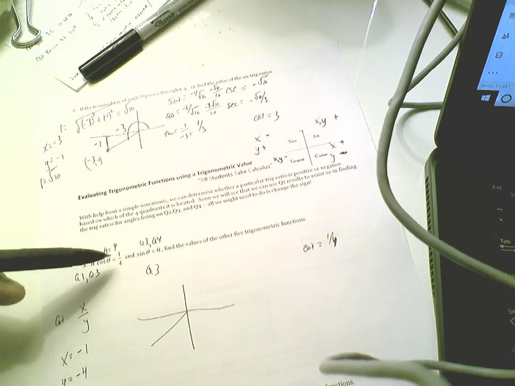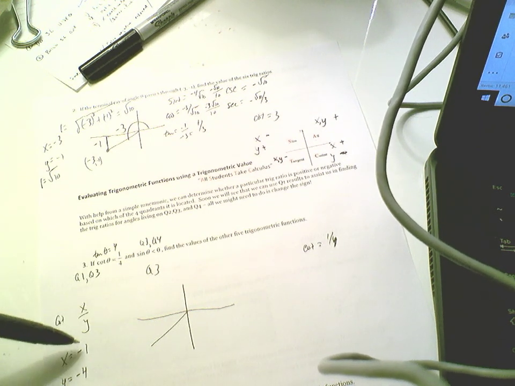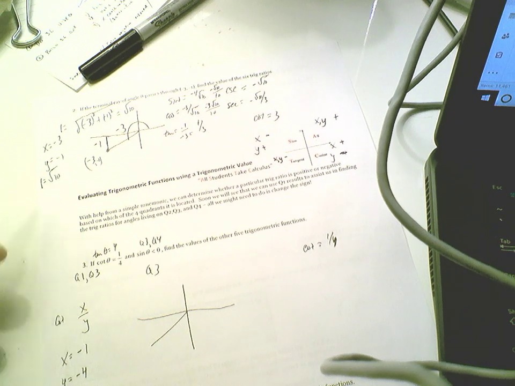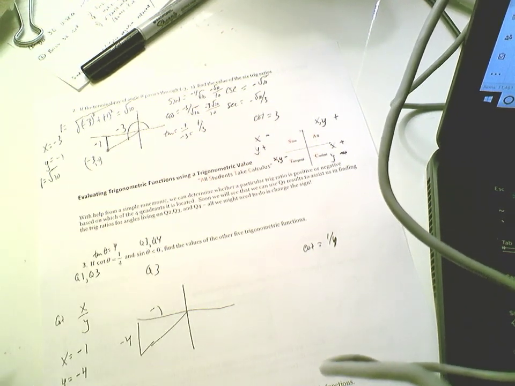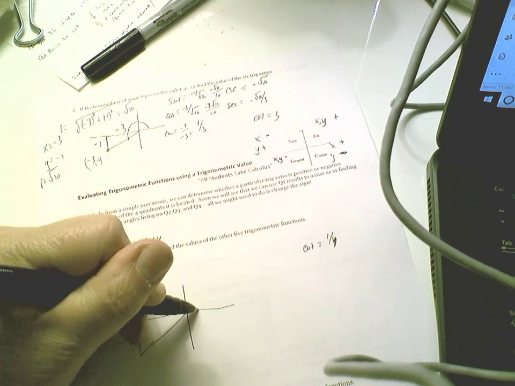That's the only way. In quadrant 3, both x and y have to be negative. My fraction of x over y has to be positive. I have to have a negative over a negative. X equals -1, y equals -4. I've built my triangle. There's my angle that did all this good stuff.